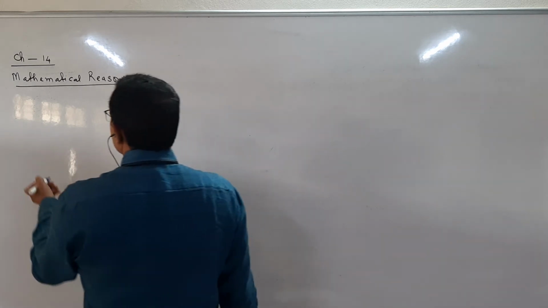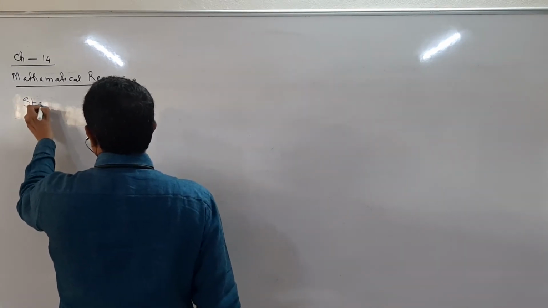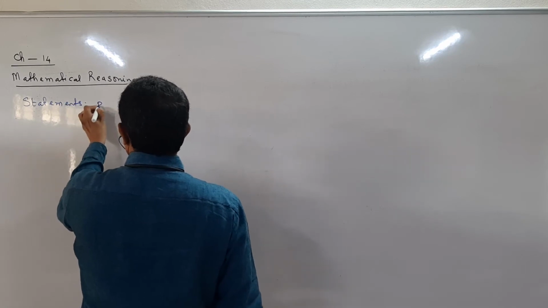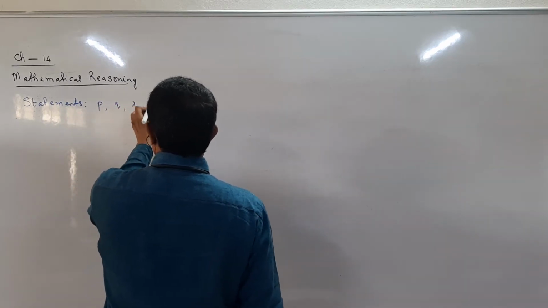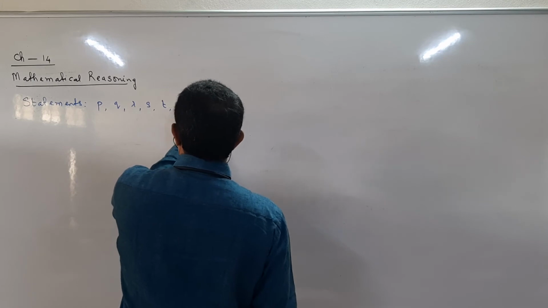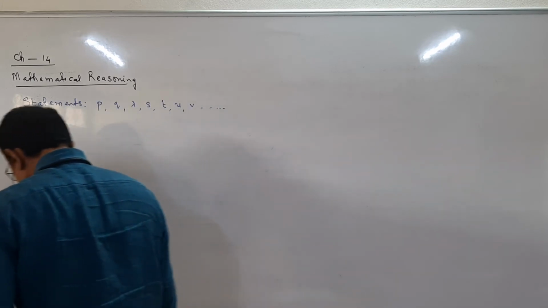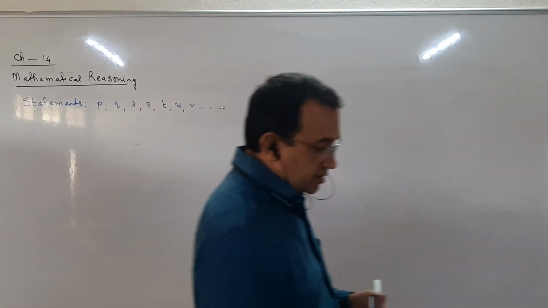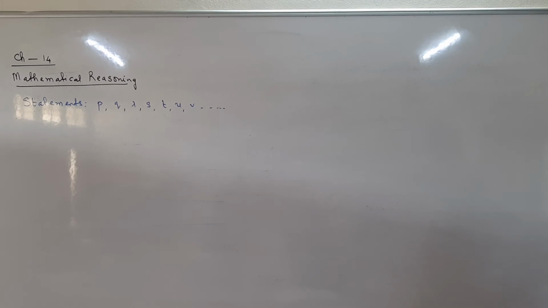Now students, statements are denoted by small letters P, Q, R, S, T, U, V, etc. It is not that a statement cannot be denoted by A, but the widely or commonly used symbols for a statement are P, Q, R, S, T, U, V, and onwards.